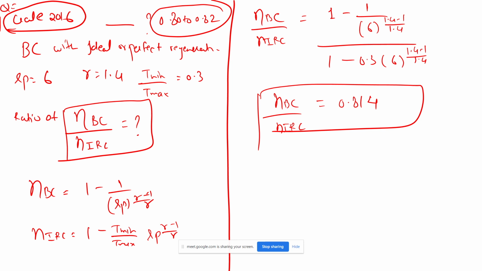Sir, I am getting 0.802. Yes, it is fine. I have given you the range. They'll always give a range in the GATE exam. 0.8 to 0.82, any value between this is correct. So have you got this?